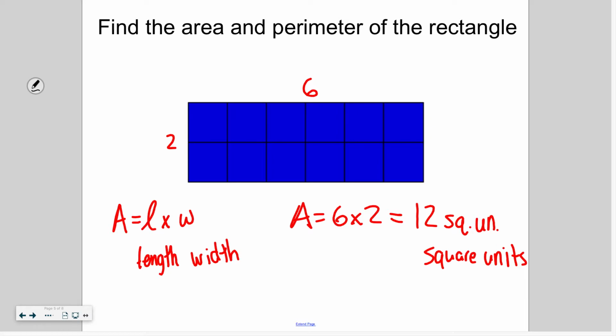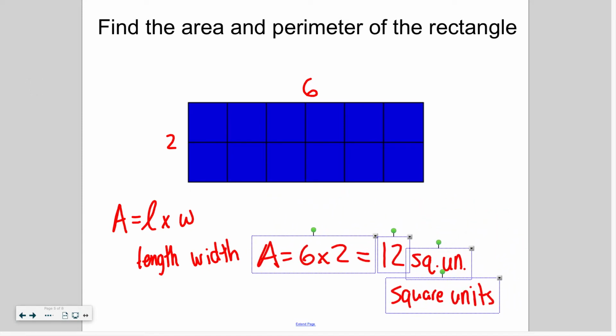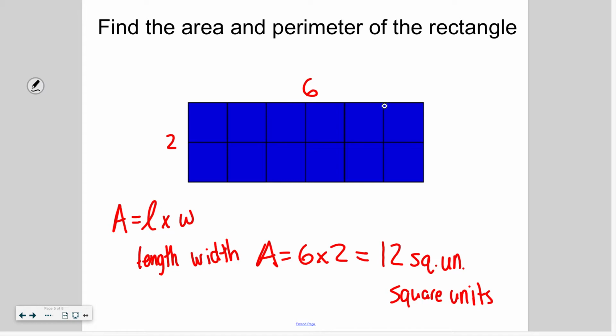Now what about the perimeter, the space outside this shape? So for perimeter, I'm going to add up all four sides. I know that this top side is 6. That means that this bottom side is also 6. And if the left side is 2, then the right side is also 2.